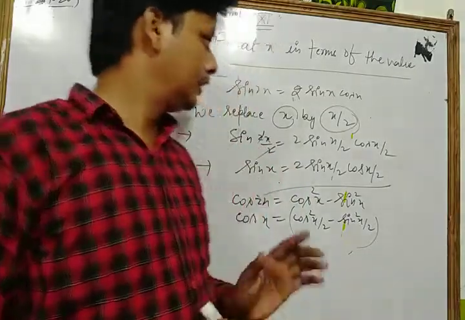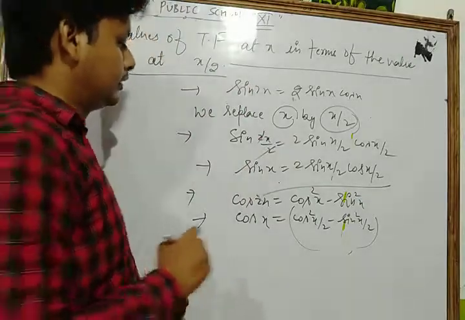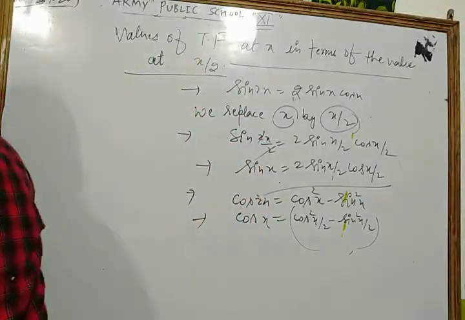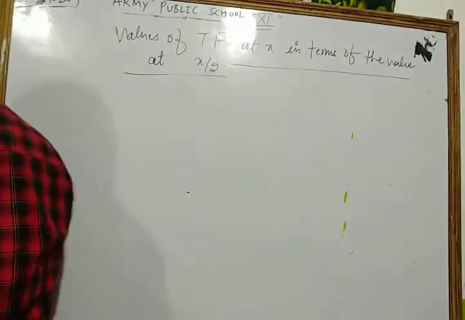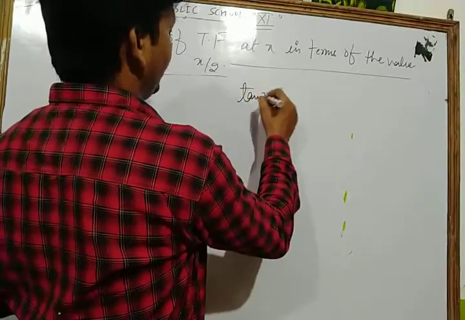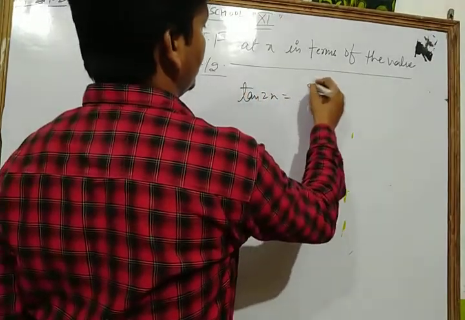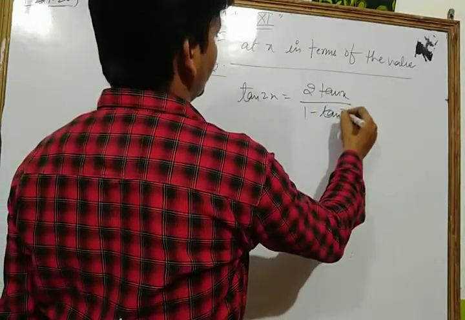Okay, suppose that here we have the formula tan 2x is 2 tan x upon 1 minus tan square x.